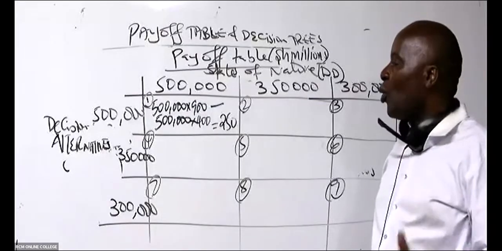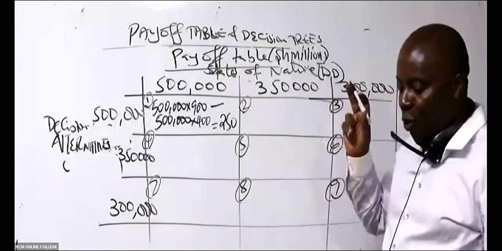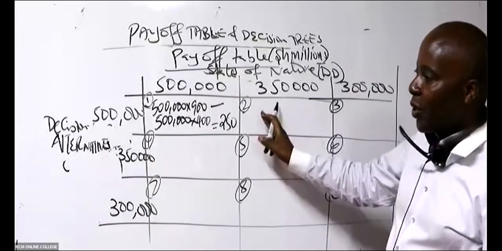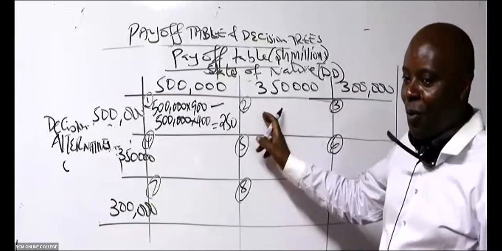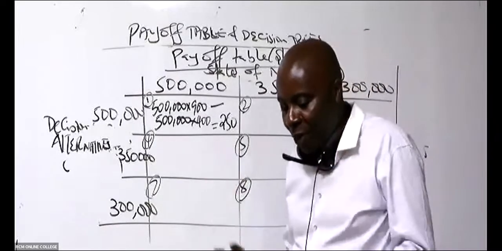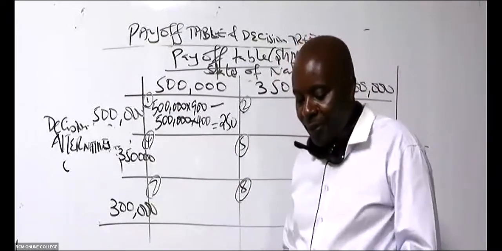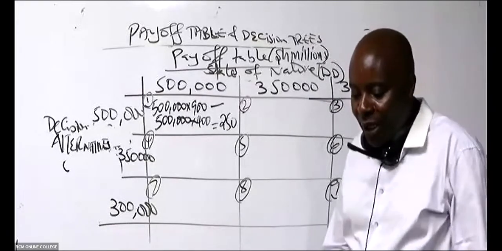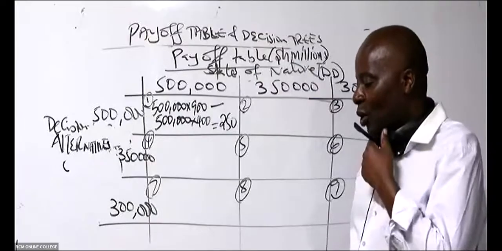Now, I would want us to go to scenario number 2, and you try to think loudly, because you're an accountant just like myself. How much shall we get in form of profit in number 2? Just try reasoning out. Before I do it, just try and give us a figure. Throw a figure there.